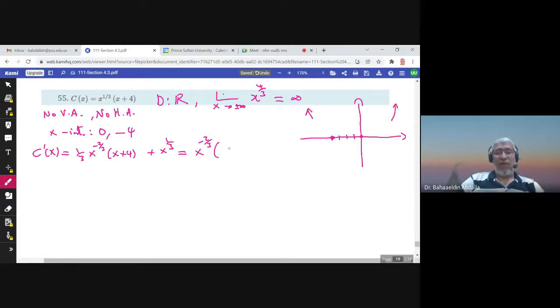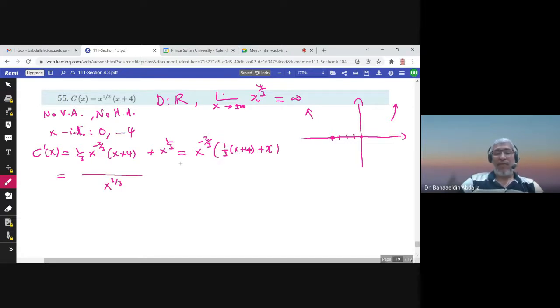So I'll have 1 over 3 times x plus 4, plus x to the power 1 over 3 divided by x to the power negative 2 over 3. You subtract the powers: 1 over 3 plus 2 over 3, it would be x to the power 1. So this would be f prime. I can take x to the power 2 over 3 down.